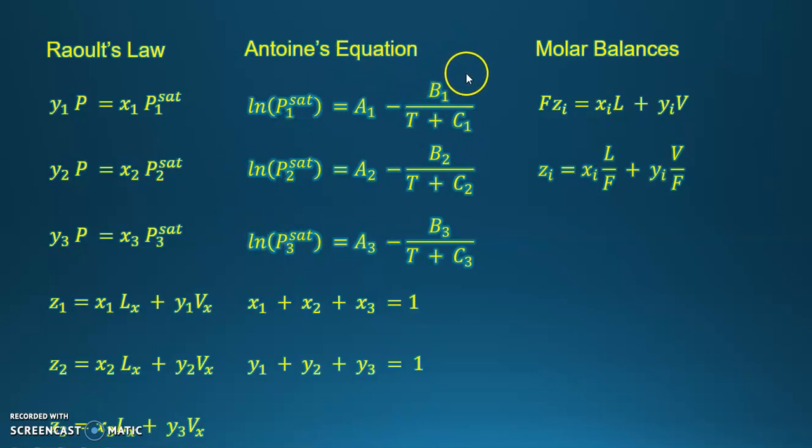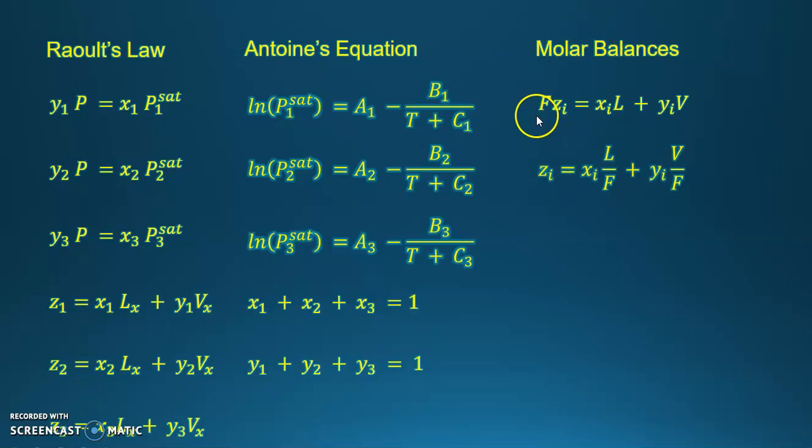So now in this problem, we need to know the molar balance. In this case, we have the global molar balance like this: the feed F times Ci is equal to Xi times L plus Yi times V. Here, i makes reference to the number of the component that we are talking about.